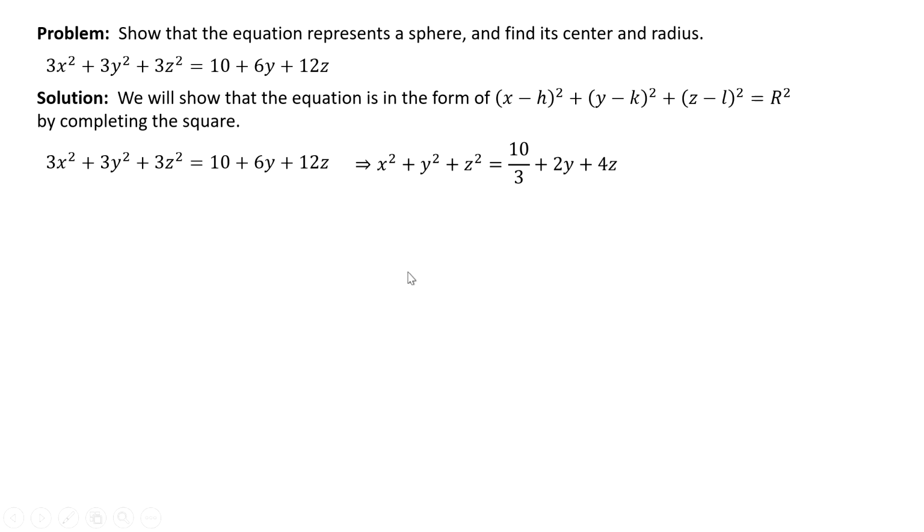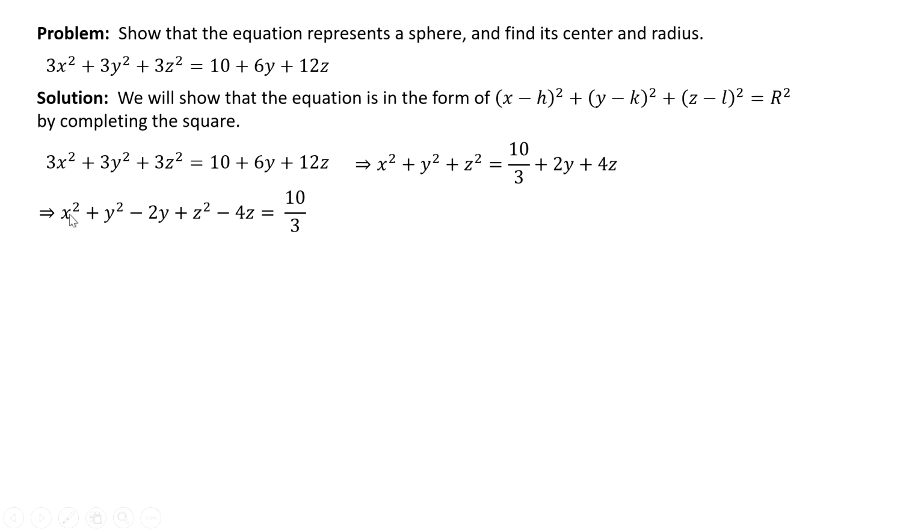Well, what's the next step? Bring the 2y and 4z to the left hand side, which means subtract 2y and 4z and arrange them like this. Okay, let's examine them carefully.